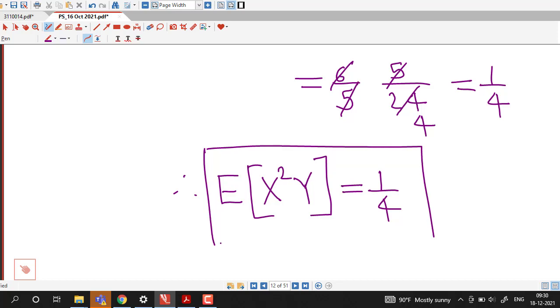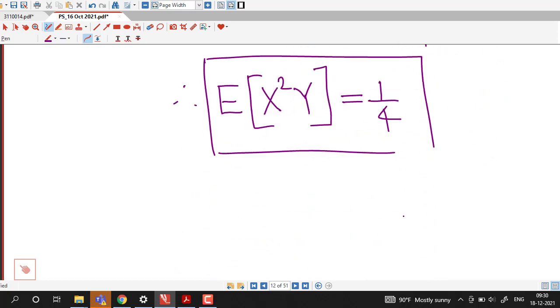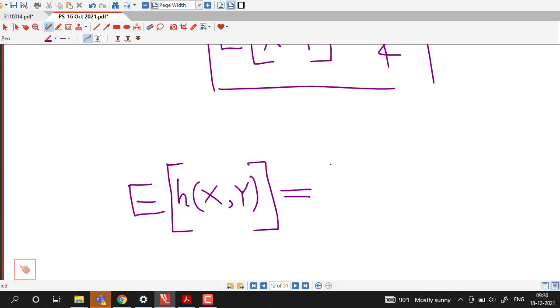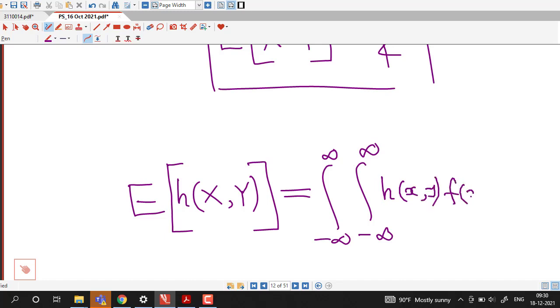In this way we can easily find the expected value of a function of random variables. If the two-dimensional random variable is continuous, say the ordered pair (x, y) is a two-dimensional random variable, then the expected value of a function h(x, y) of the two-dimensional continuous random variable is obtained by integrating this function h(x, y) multiplied by the joint probability density function with respect to x and y.